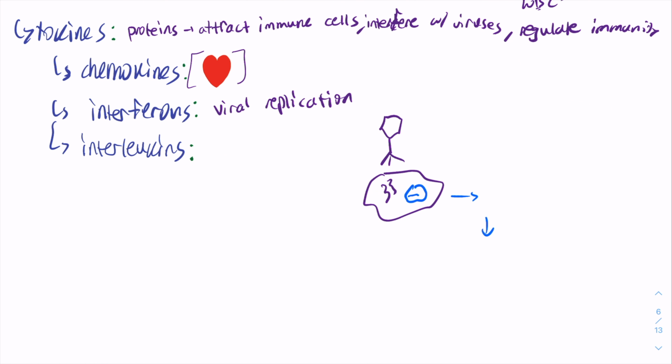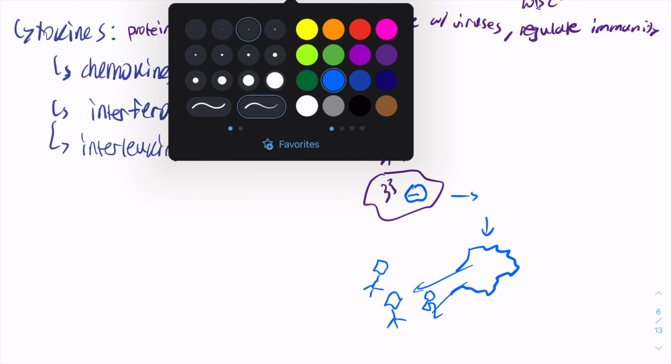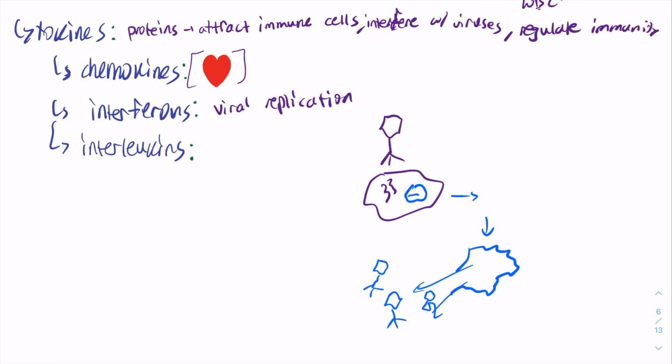And then eventually the viruses burst out of the cell and go on to affect other cells. When you stop this replication, the virus can't hurt the host. So interferons are really important because they stop viruses from replicating.